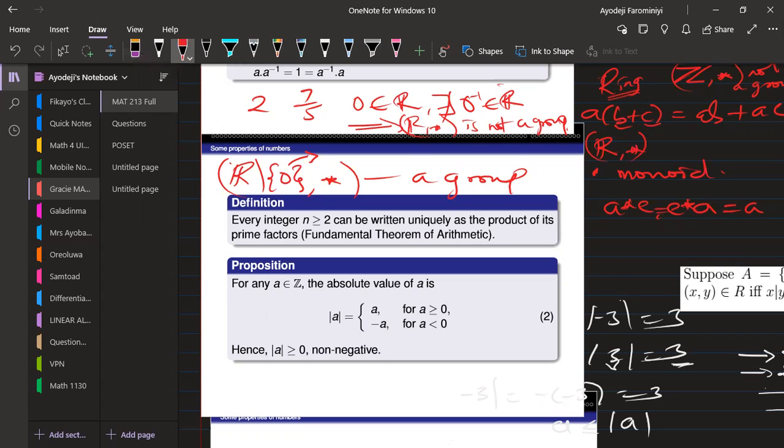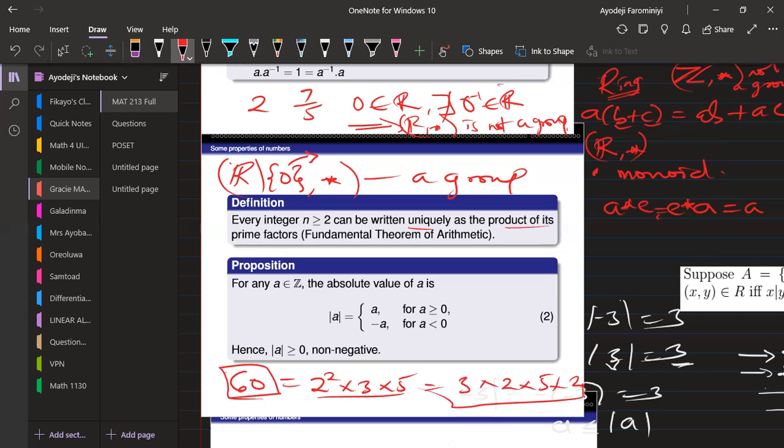Are you following? So if I have 60, that can be written as 2 squared times 3 times 5. Give me any number, no matter how big it is, it can be written uniquely as a product of its prime factors. Even if I scramble it, 3 times 2 times 5 times 2, it is still talking about the same number.